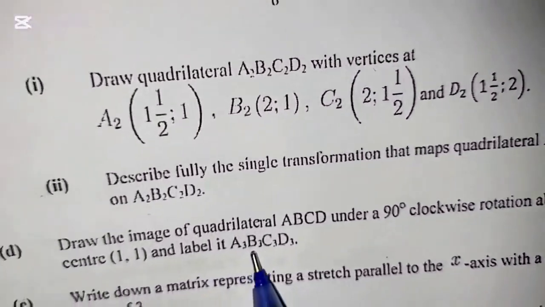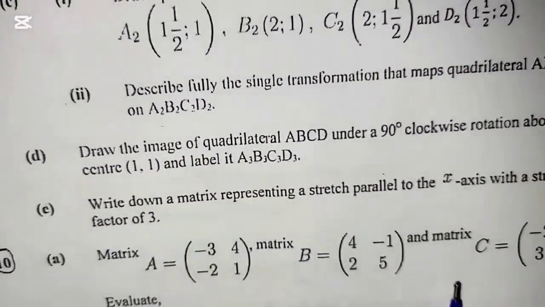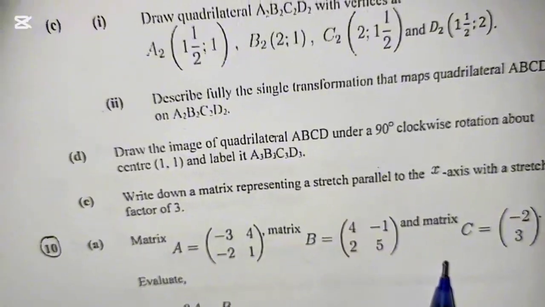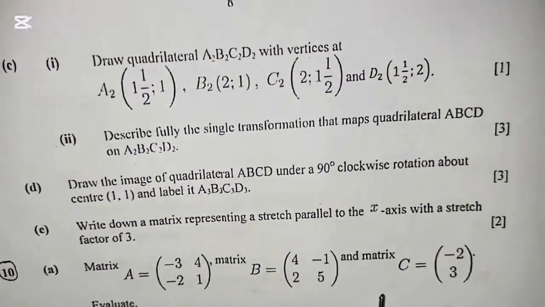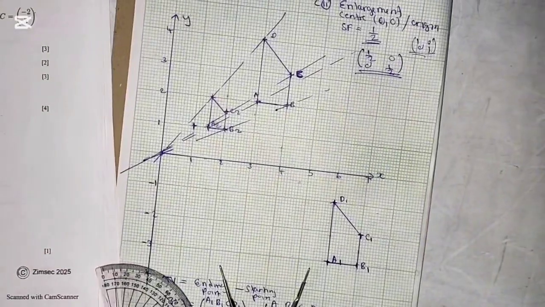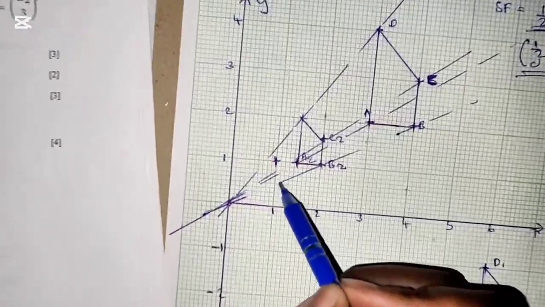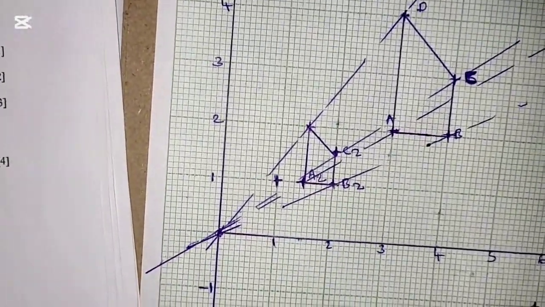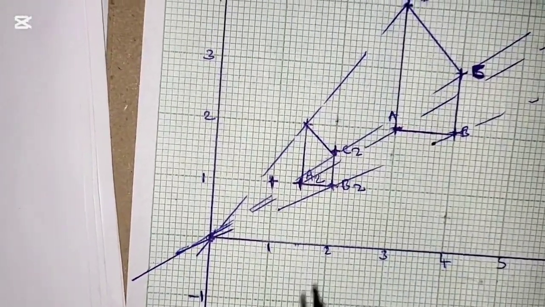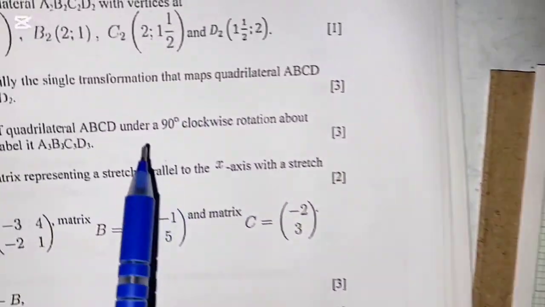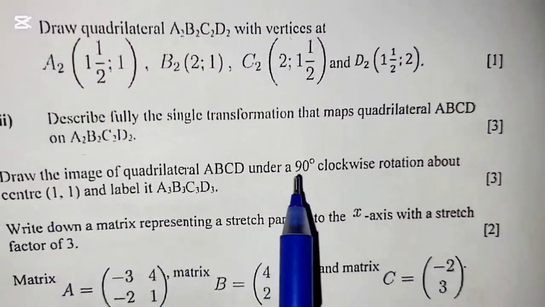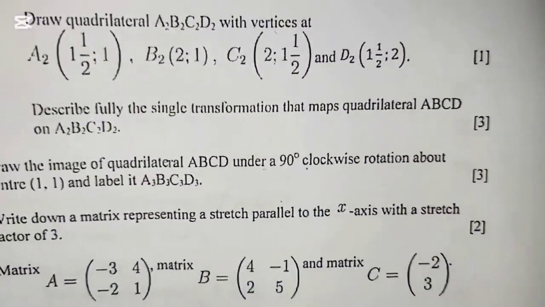And label it A3, B3, C3. So I'm going to take a divider. The center of rotation is 1, 1, then 90 degrees clockwise.